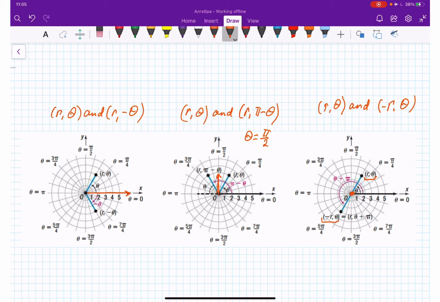Okay, so let's summarize the tests for symmetry.